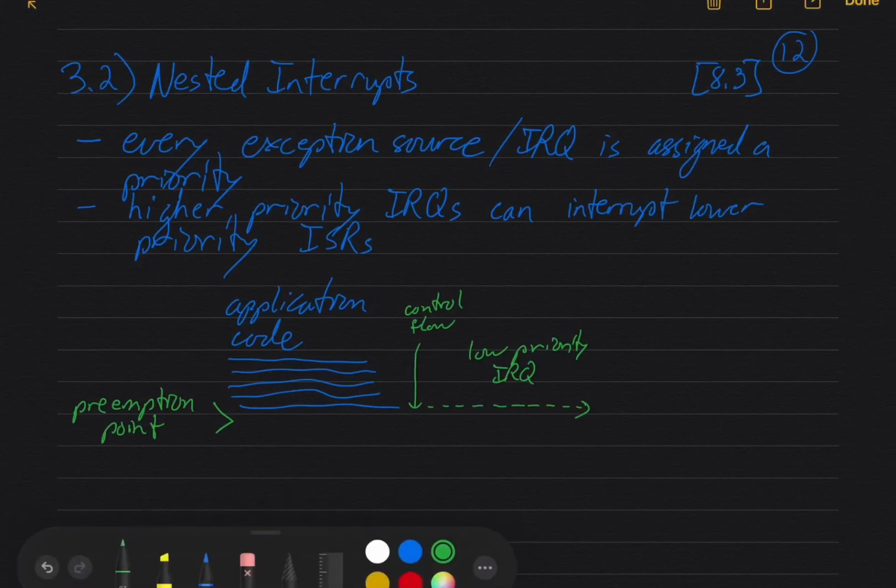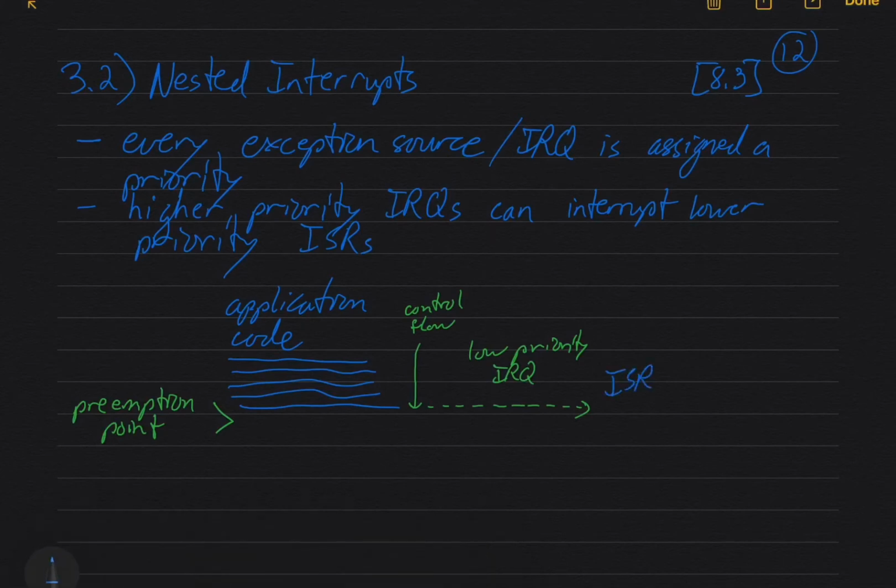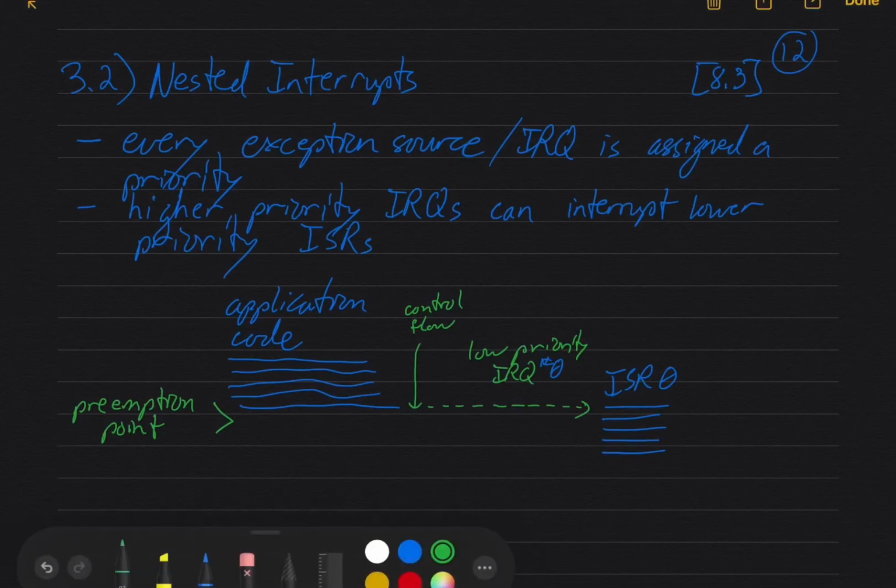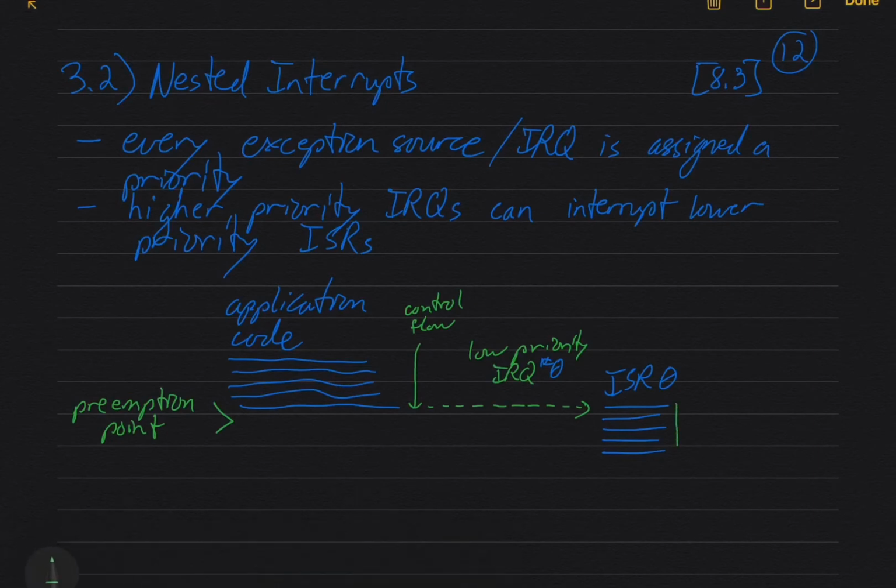And so the ISR for that low priority IRQ. Let's say that this is interrupt request number 0, so this is going to be IR0 that's associated with it. We're executing that, and then IR0 gets preempted.